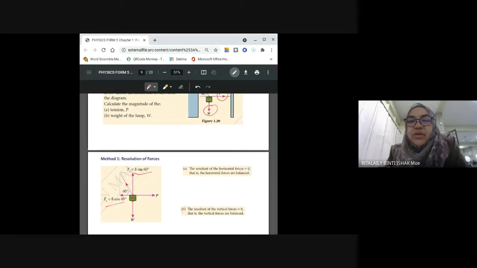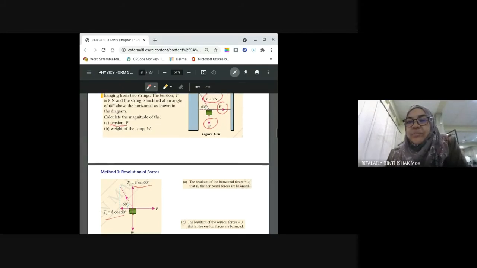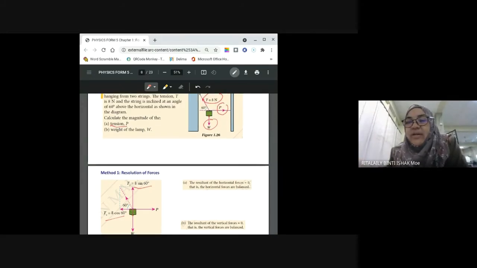So A, calculate the magnitude of tension P. So P is exerted horizontally. So we have 2 horizontal forces, which is P and also component Tx. Okay.